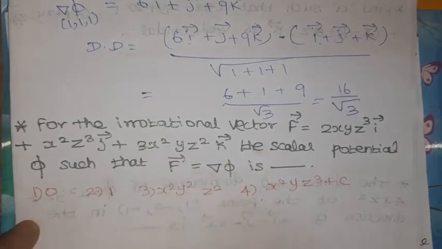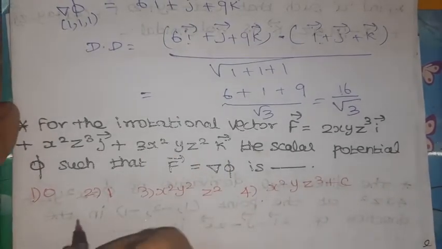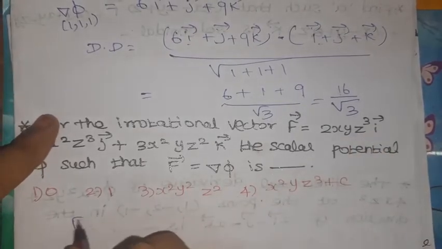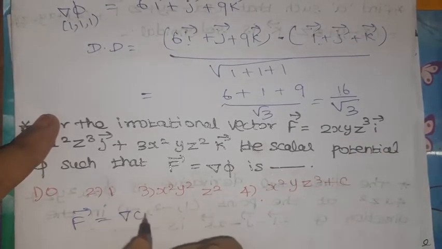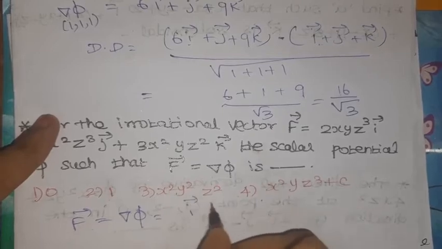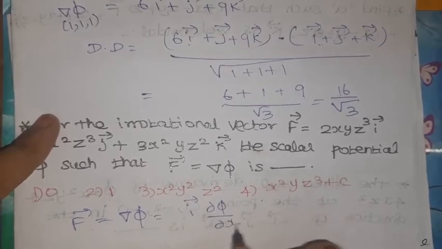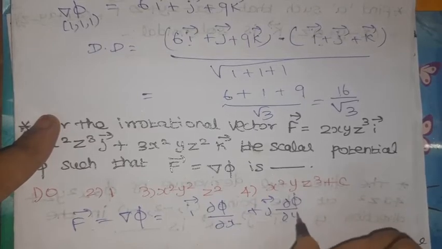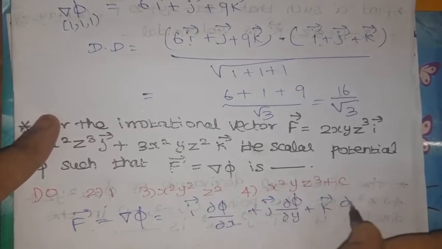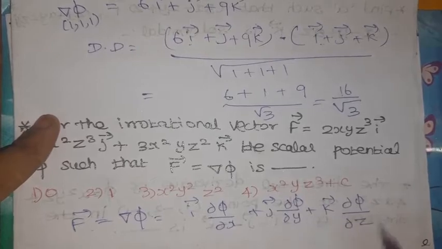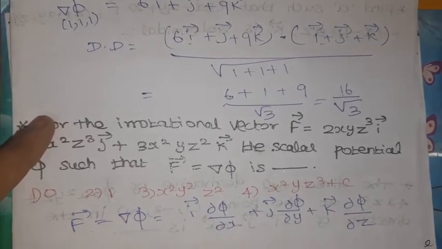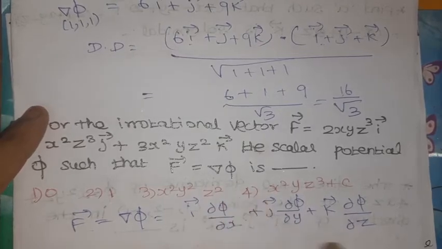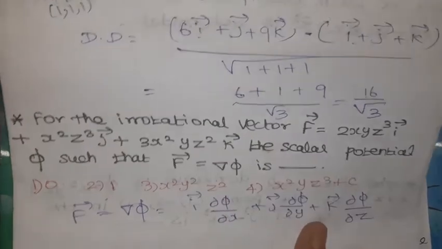F equals del phi means we can write del phi as i into dou phi by dou x plus j into dou phi by dou y plus k into dou phi by dou z. From that we need to identify the phi value.